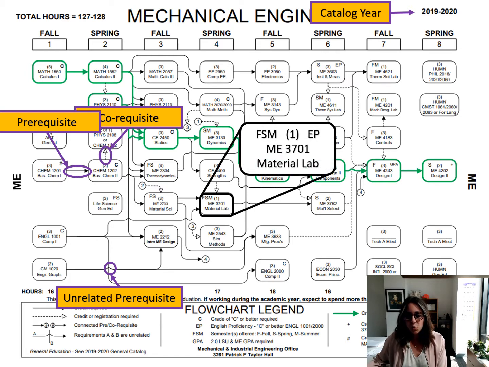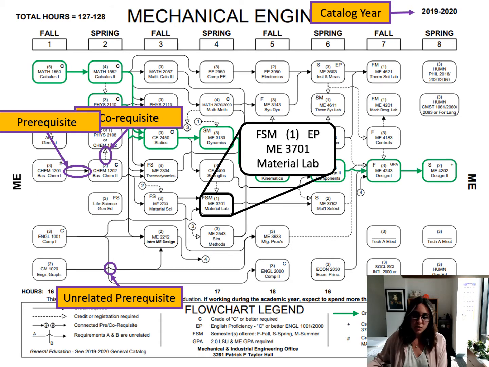This is showing you one course and everything you need to know about that course besides the course description. So you can see that it has an F, an S, and an M in the top left-hand corner. That means that the course is going to be offered in the fall, the spring, and the summer. The M means summer. The 1 means that it is just 1 credit hour.